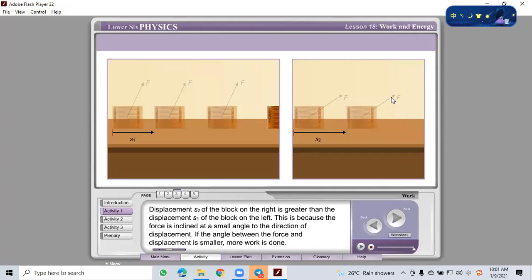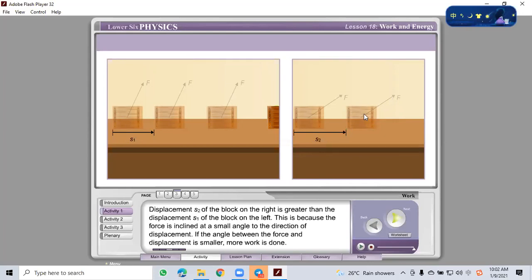That means that if the force is nearer to the horizontal, the smaller the change of the angle from the force to the horizontal displacement, the direction of the object, the greater will be the resultant force.